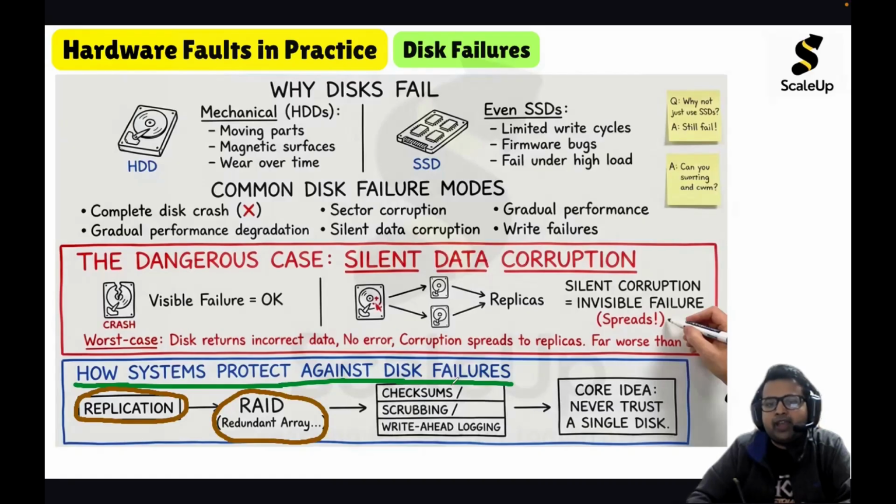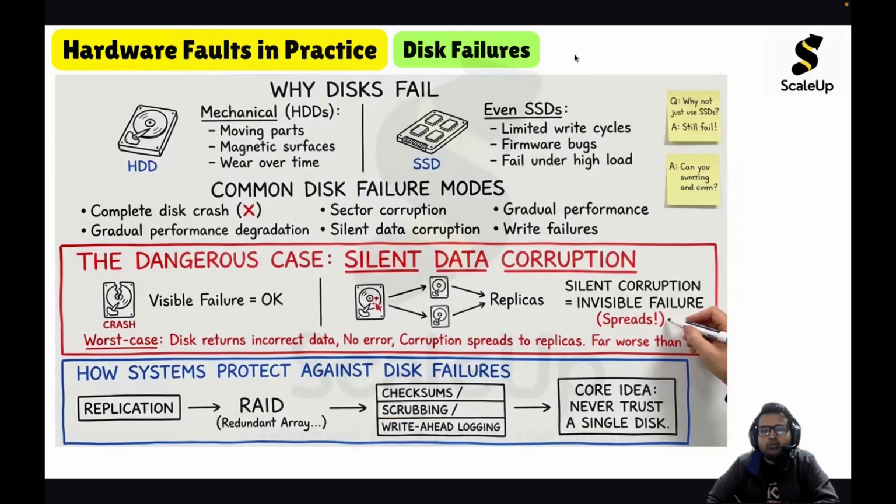We also have checksums, which can help us check for silent data corruption, periodic scrubbing, and write ahead logging. So these are some of the ways through which systems protect against disk failures.